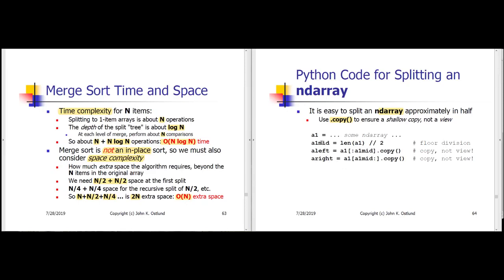We can compute a mid-index by getting the length of the nd array and doing a floor divide by 2, so that our left-hand part of the nd array A1 is everything up to that midpoint, and the right-hand side is that midpoint to the end. And again, we're being careful here to get copies of the left and right side of the nd array A1. Okay, so we're confident that we can split this array down into single item pieces.